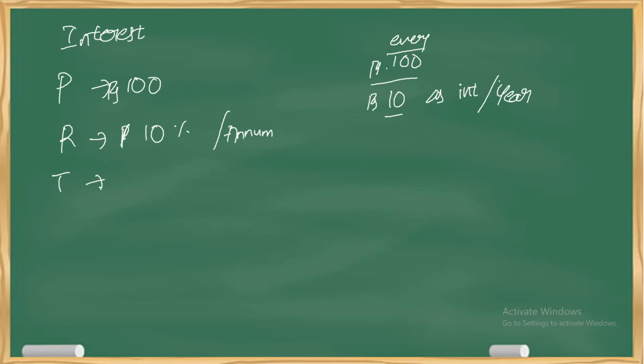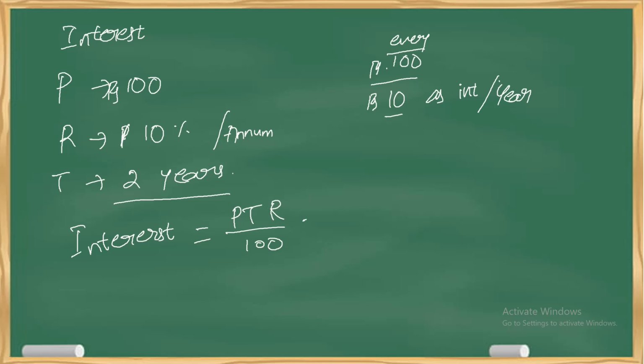Next, T is equal to 2 years, I assume. Now how to find the interest? The question is, after 2 years how much interest am I supposed to pay? Everybody knows the formula for interest, that is PTR by 100 or PNR by 100, anything is fine.